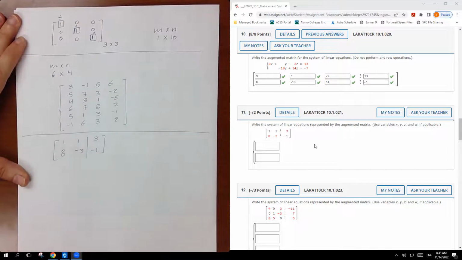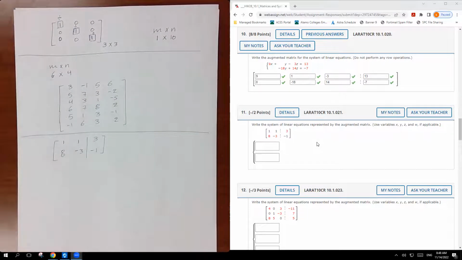the system. So here they're telling you to use the variables x, y, z, and w. That means you have to use these variables. But on the test, you can use any variable if they didn't mention that.